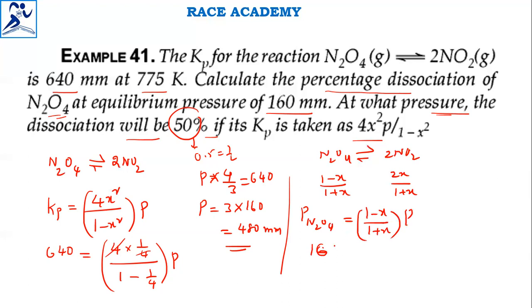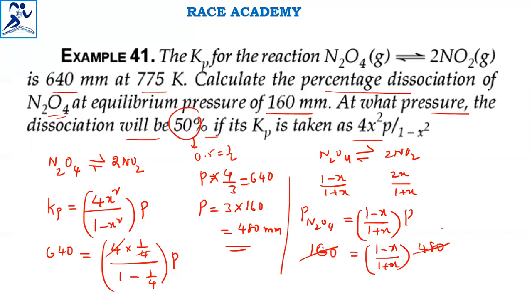So 160 equals (1 minus x) by (1 plus x) into the pressure calculated, which is 480.